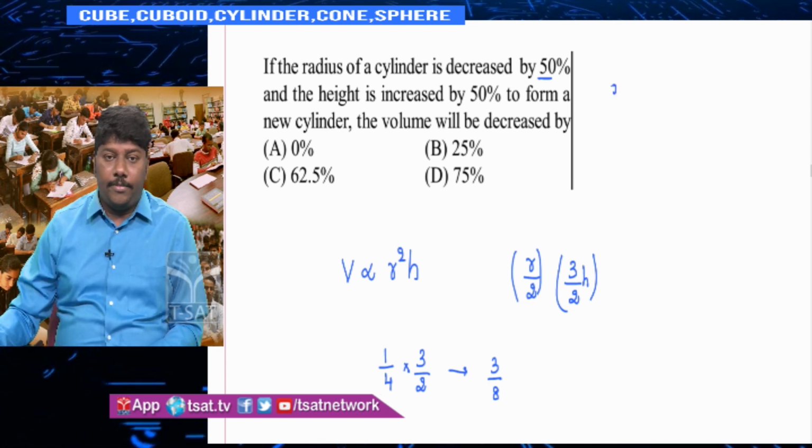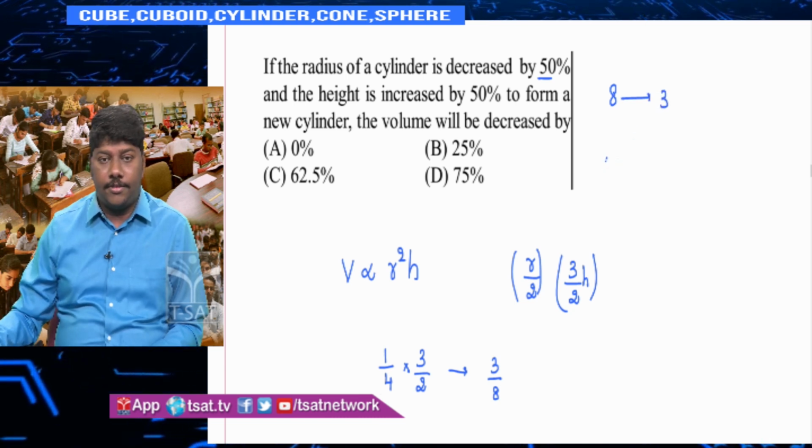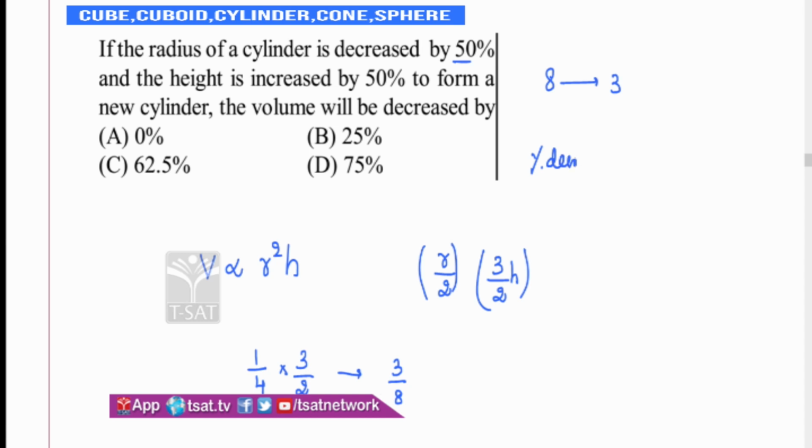So, 8 became 3 means there is a decrease. And how much is it decreasing? 5 parts out of 8 into 100, which is 62.5% decrease. So, in terms of fractions, it is decreasing by 62.5%.